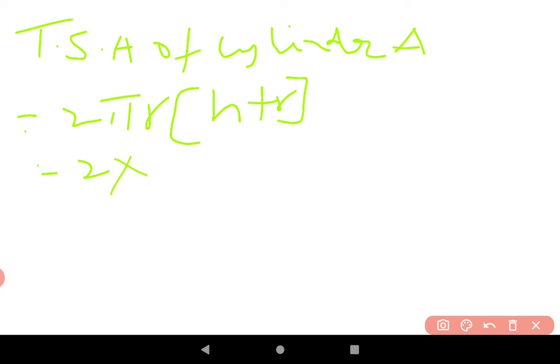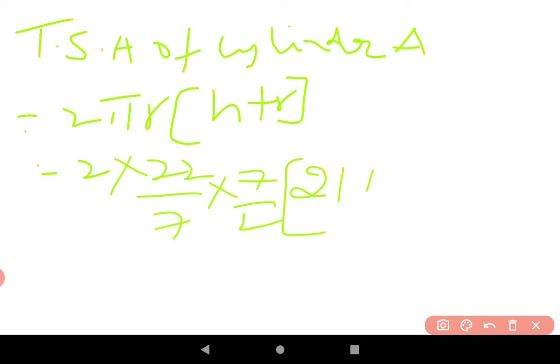So 2 into 22 by 7 into r value is 7 by 2 and h value is 21 and r value is again 7 by 2, right? So I hope you understood this step.